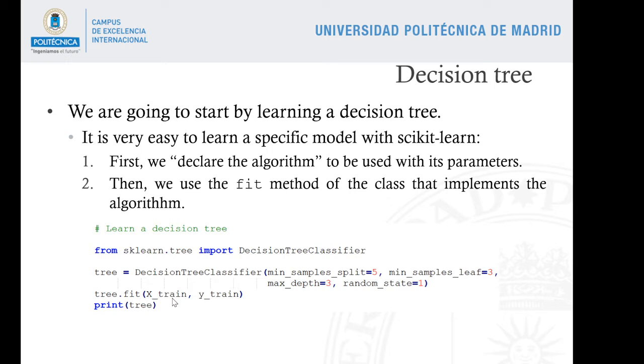You see that here we have some parameters for the decision tree. First of all, we are not going to include any parameter. We are just going to train a decision tree classifier. You have the decision tree classifier in scikit-learn.tree. So from scikit-learn.tree, import the decision tree classifier.